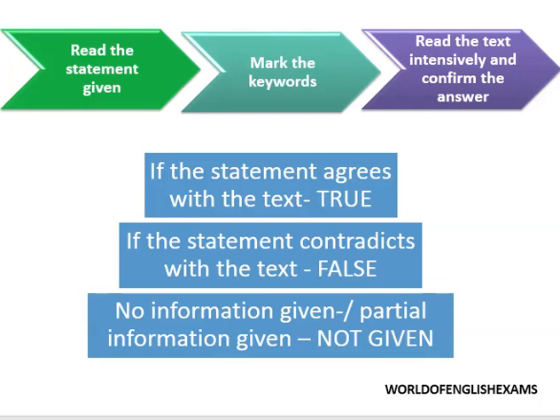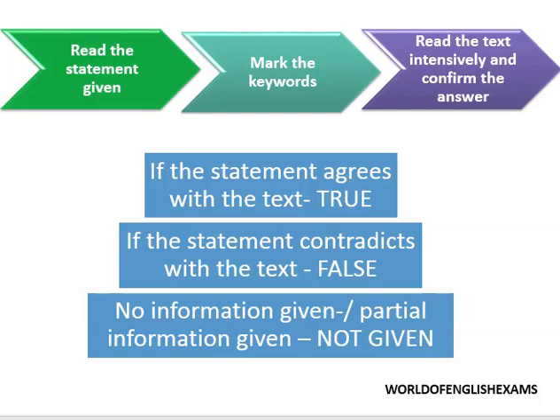So read the statement given, and the next step is you're going to mark the keywords. Guys, keywords play the important role here. The people who are able to do this properly are the winners in the test. There is no shortcut for true, false, not given excepting for this. Then read the text intensively. Most of the students don't do this.